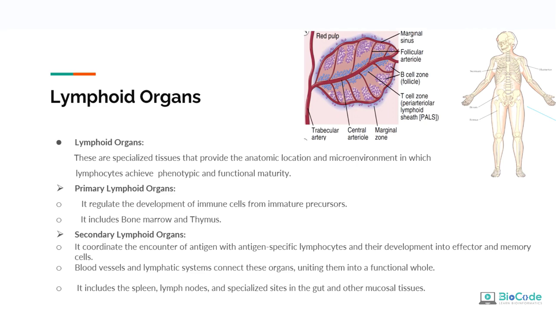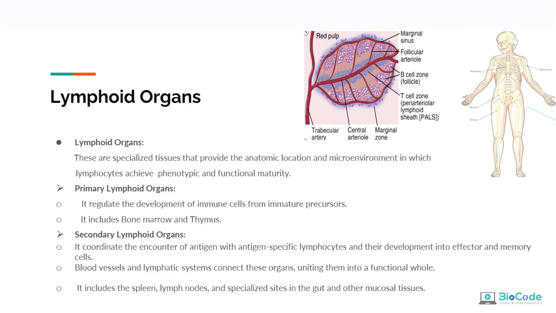Now that you have the idea of immunology and its basic terms, we will study the different organs, tissues, and immune cells that combined make an immune system.